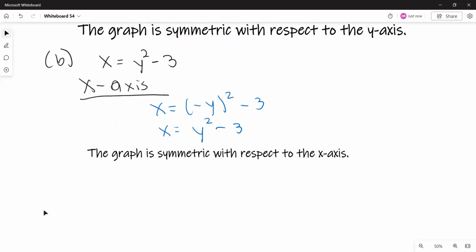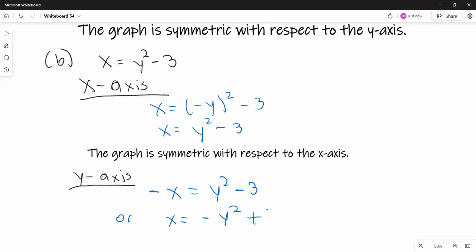And let's test for symmetry with respect to the y-axis. So we're going to replace x with the opposite of x. And you can see now that the equations are not equivalent. Is that, or x is the opposite of y squared plus 3.